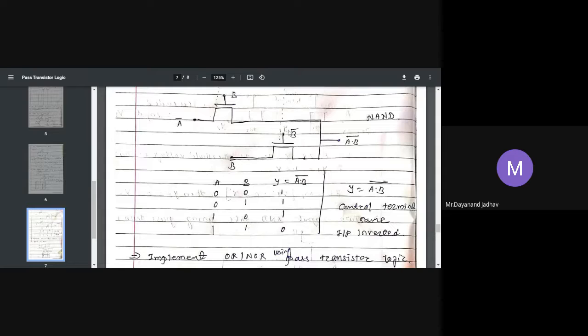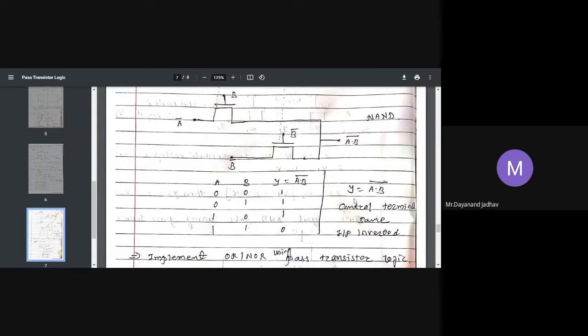When we consider B bar equal to 0, it acts as an open switch, therefore only the 0 bit passes to the output. In this way we can implement the NAND gate.